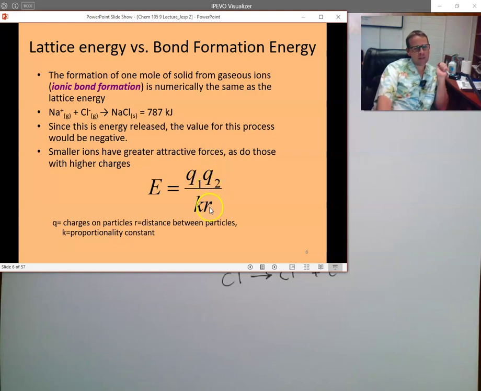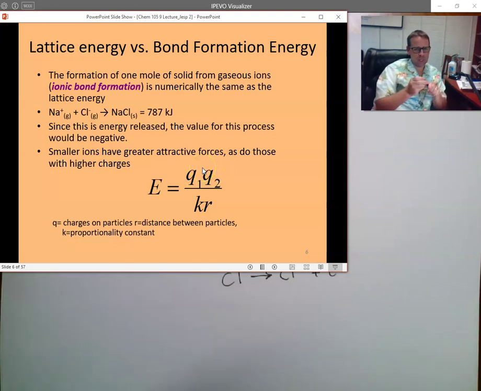And the size, because if the two ions can get very close to each other, then they'll be hard to pull apart. So the lattice energy is equal to, and you don't have to really memorize this, but it's just a general principle, right? The closer things can get, the stronger they'll stick together, and the stronger the opposite charges that they have.